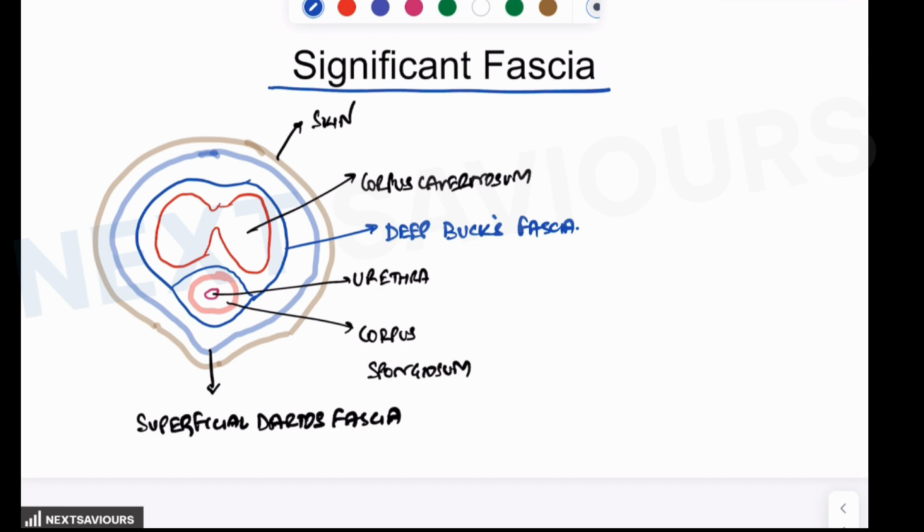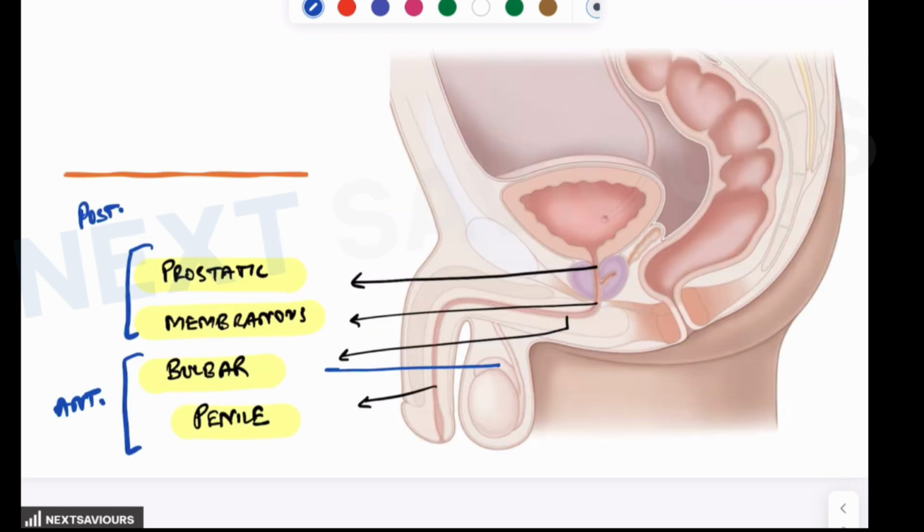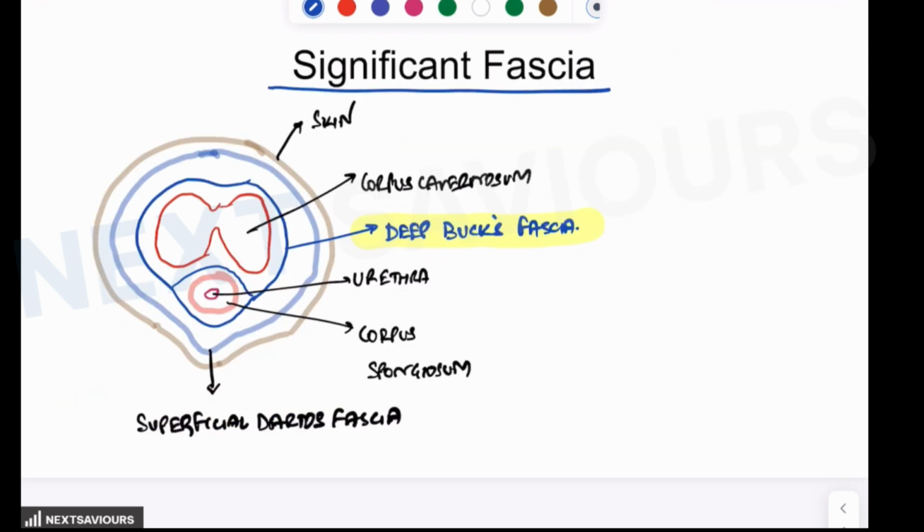So what are those two important fascia which you have to remember? One is the deep Buck's fascia. You see, this is the diagrammatic representation of the transverse section of the penis, to show how the deep Buck's fascia is related to the urethra. Now, if there is a urethral injury associated with rupture of the deep Buck's fascia, then we are going to have a specific pattern of urine extravasation.